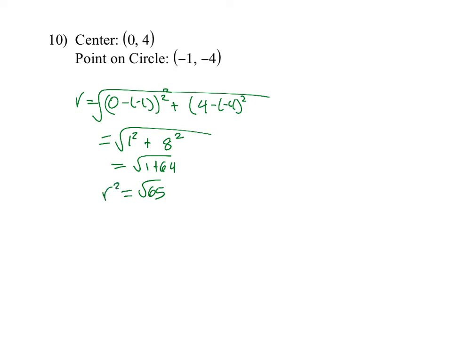So I have x minus 0, which is x squared, plus y minus 4 squared equals 65, because if I square on both sides, this is 65.